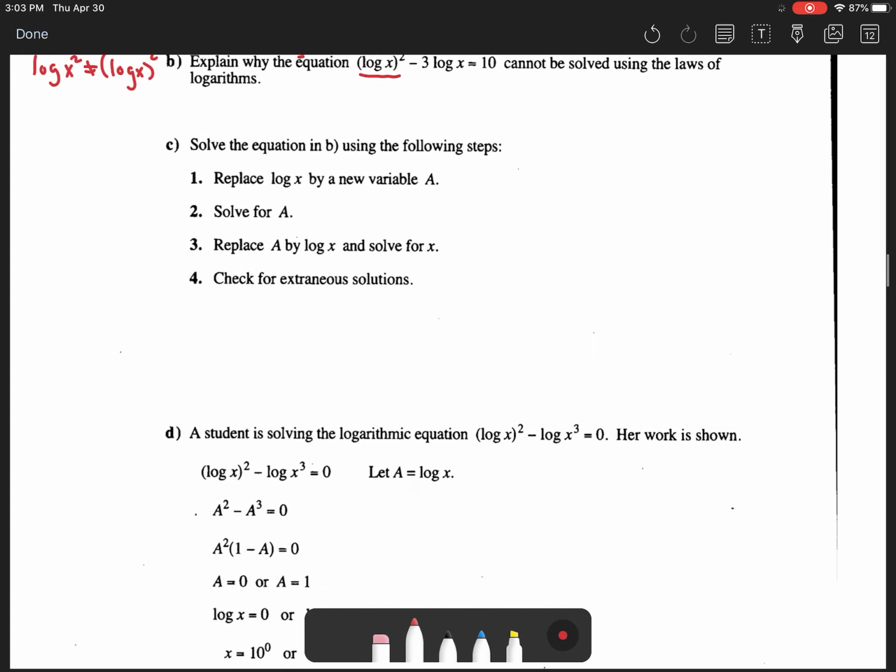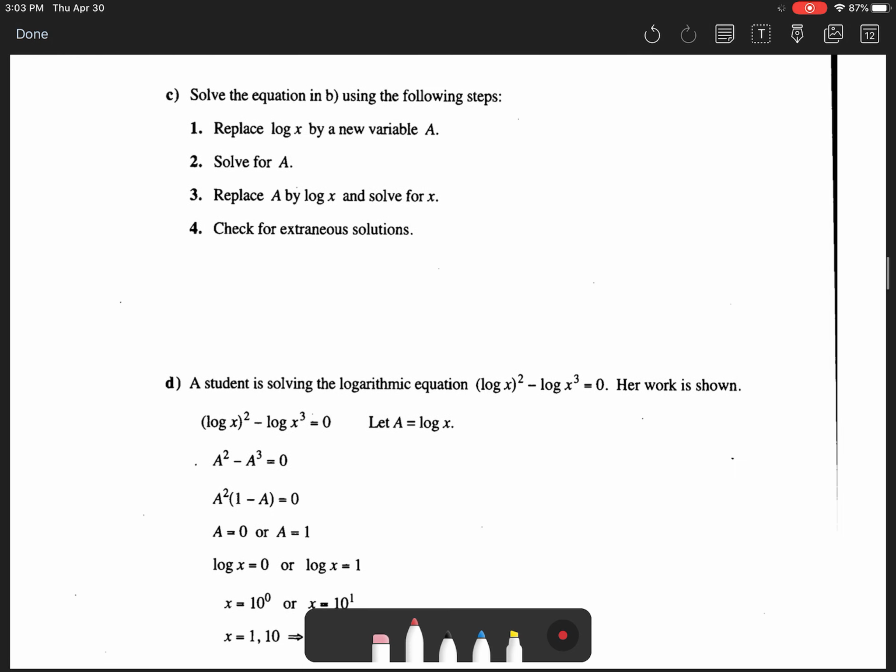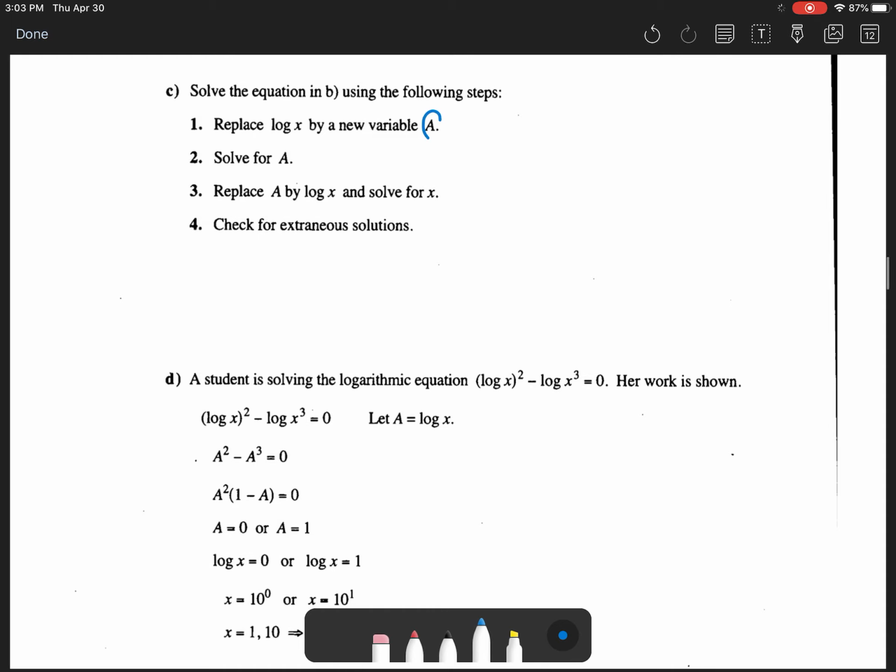So in part C, moving on, you're going to see how to solve those types of equations where the whole log x expression is squared or cubed or whatever. What they say here is replace log x by a new variable, and that variable they are going to use is a.